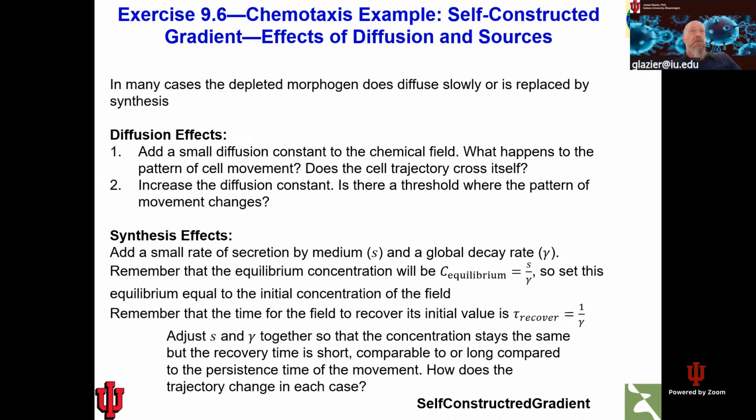And again, all of these things actually do occur in real biological systems. So the classic example of this kind of directed migration is in development in the neural crest cells.